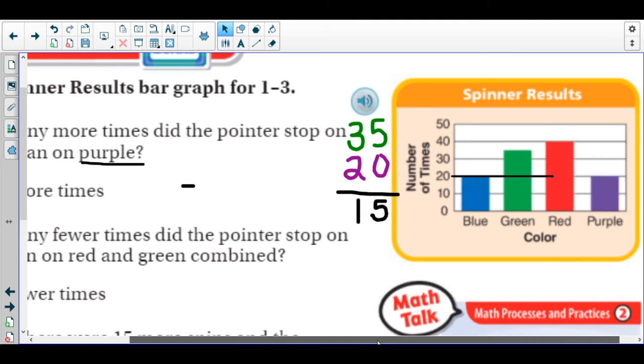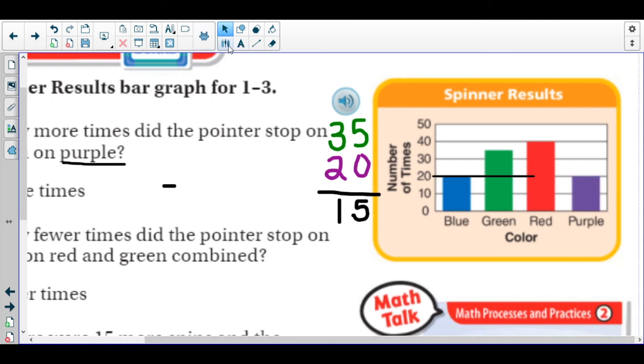Well, let's see. Red and green combined. Now, something that I will sometimes do just to kind of help me out, if I'm looking at data like this, I like to go ahead and maybe put the numbers here so I can quickly take a look at it.